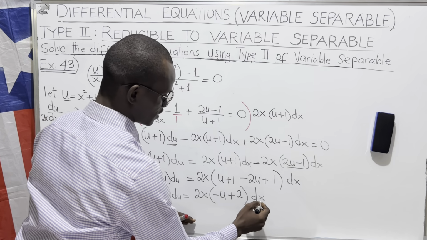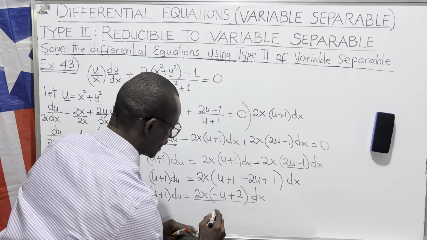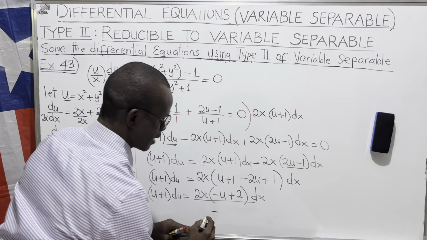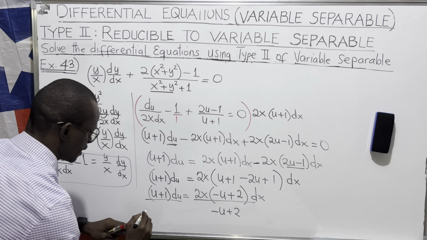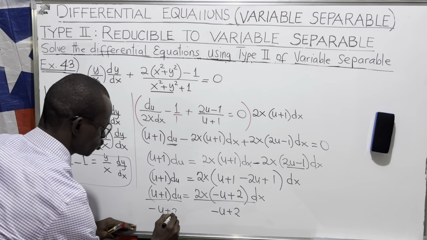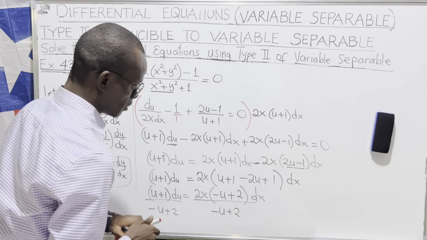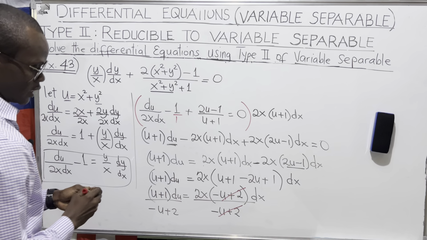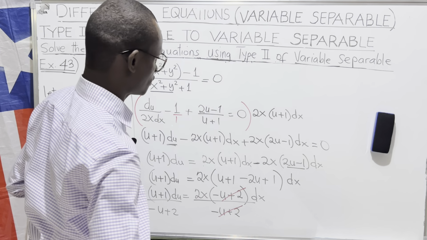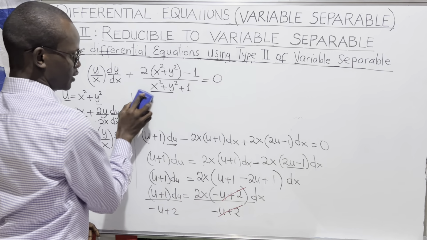So because this is dx, we only need the x expressions, so we must divide all sides by minus u plus 2. We divide this side by minus u plus 2. So minus u plus 2 will carry minus u plus 2 out, and we will be left with the remaining expression. So let's quickly end the problem.